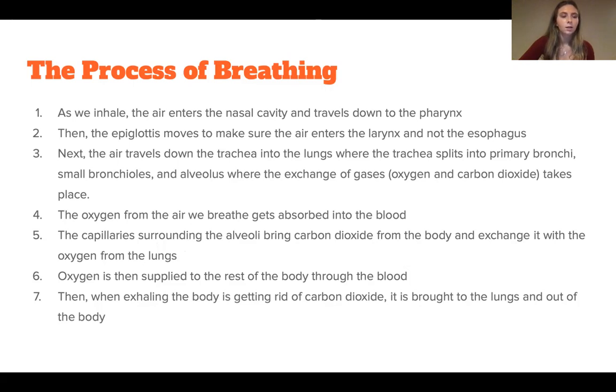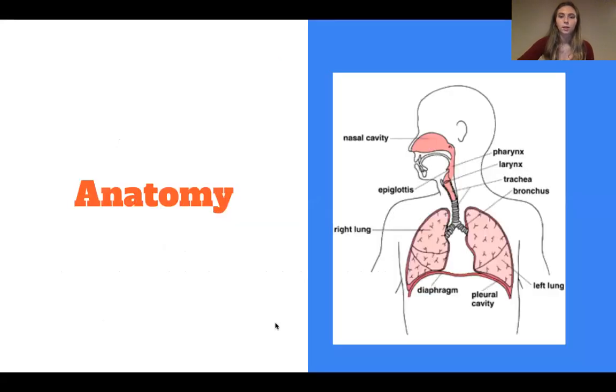And then when we exhale, the body is getting rid of the carbon dioxide because it doesn't need it. And it is brought to the lungs and then exited out of the body. And then this is just the diagram to reference the picture of the process of the air going into the body.